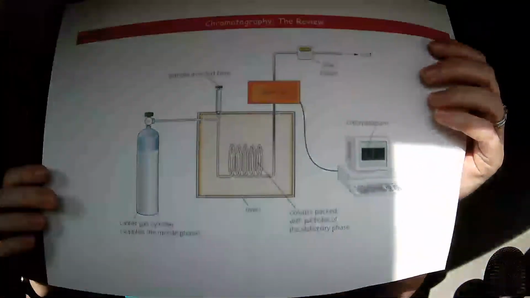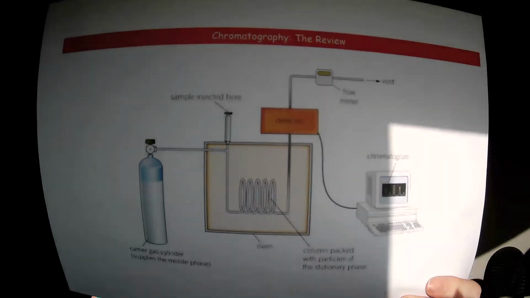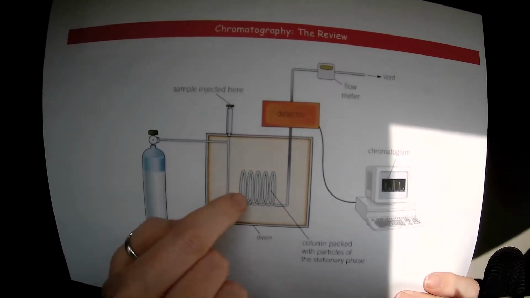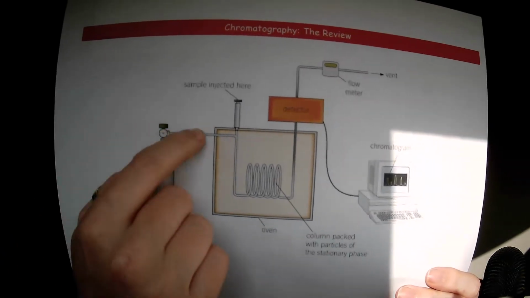So we then have another type of chromatography we need to know about, which is gas chromatography. So here's our gas chromatography setup. We still have a stationary phase, which is going to be our alumina powder in this little coil down here. We still have a mobile phase, which is going to be the carrier gas.